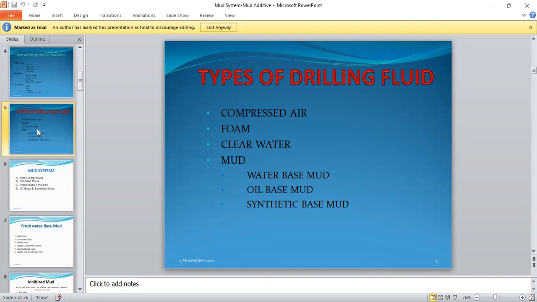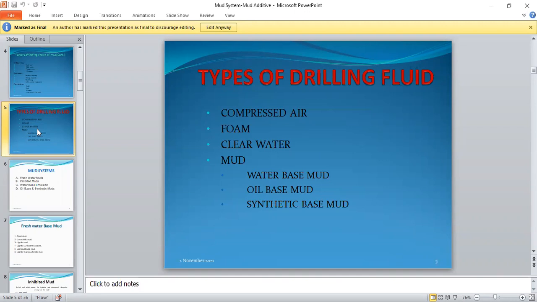Then we come to mud. We have water-based mud, oil-based mud, and then we have synthetic-based mud. The water-based mud, the continuous phase of the base fluid is water. The oil-based mud, the base fluid or the continuous phase is oil.